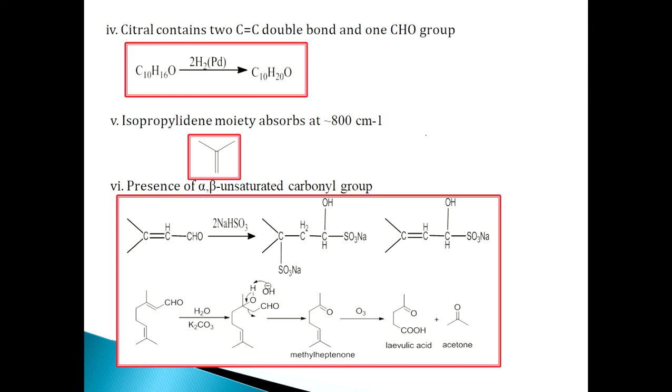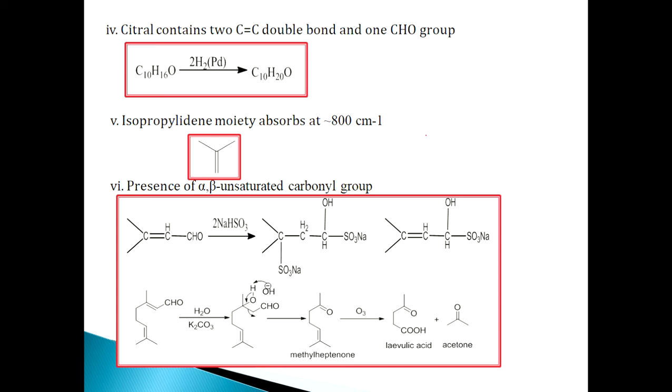Next, on complete reduction of citral to the corresponding saturated hydrocarbon, it gives C10H22, that is an acyclic molecule. Therefore, citral is an acyclic molecule with two carbon-carbon double bonds and one aldehyde group.